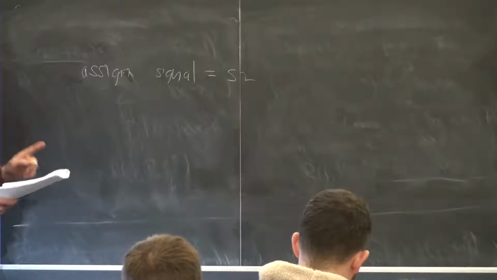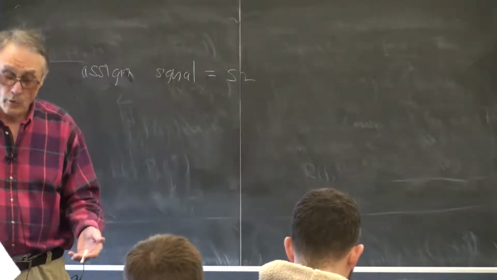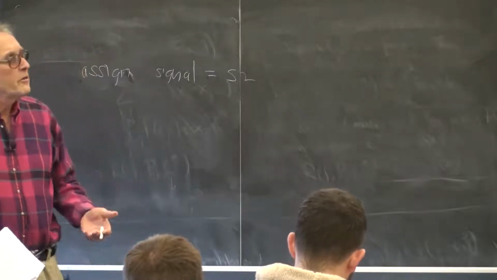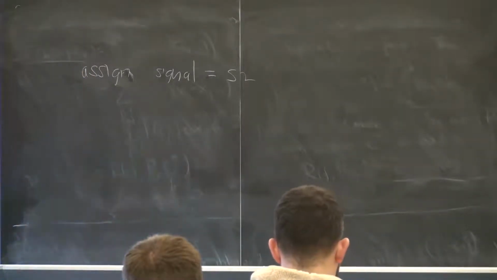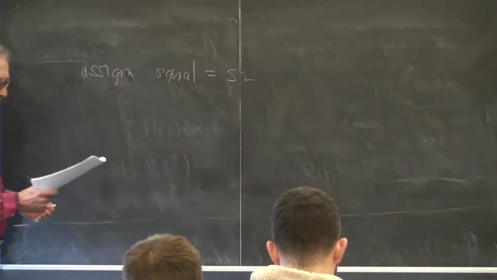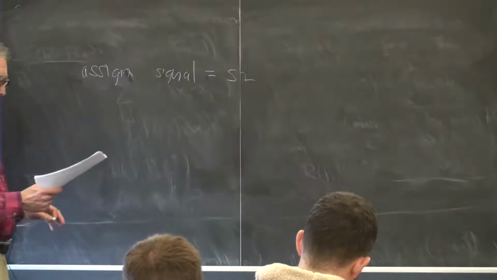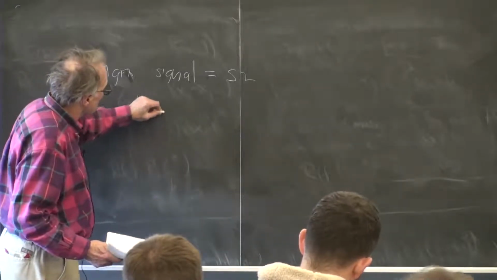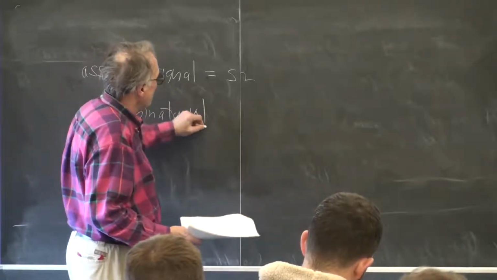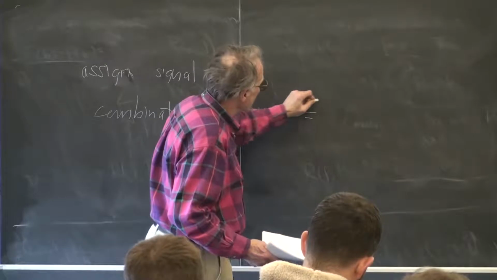Where it gets a little trickier is where you have a combinatorial always block that is generating logic that has some depth to it. First I'm going to state the rules, and then we'll try and motivate why the rules. When you're modeling combinatorial logic, unclocked logic, use an equal sign.